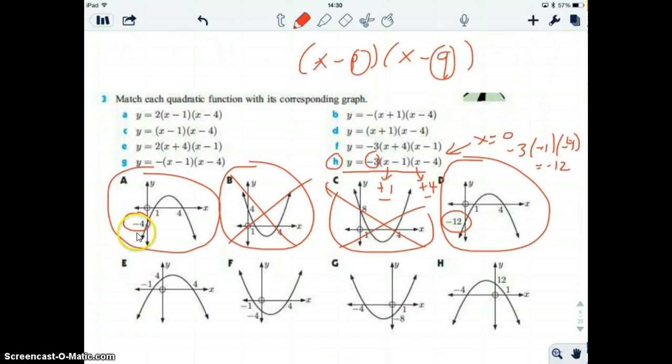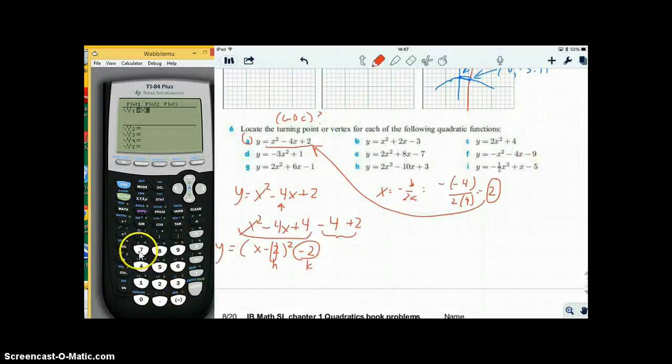Oops, let's turn on the calculator. Okay, and then we're going to put the equation in, which is x squared minus 4x plus 2.